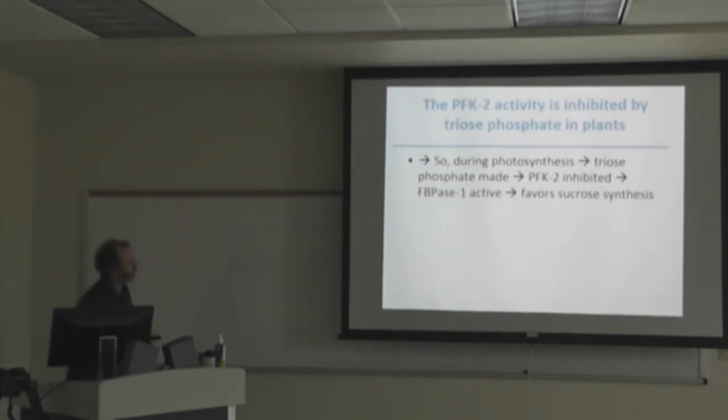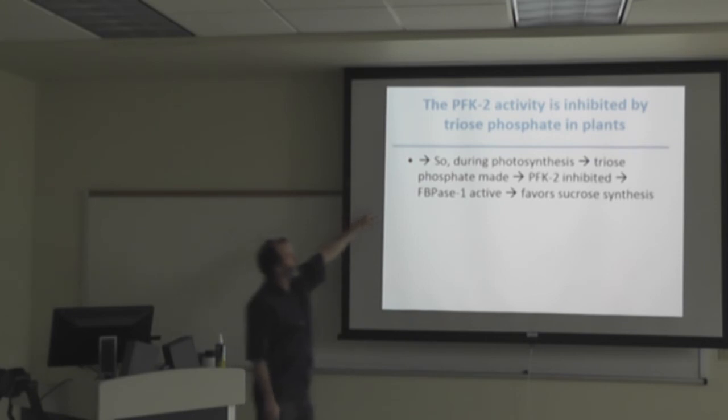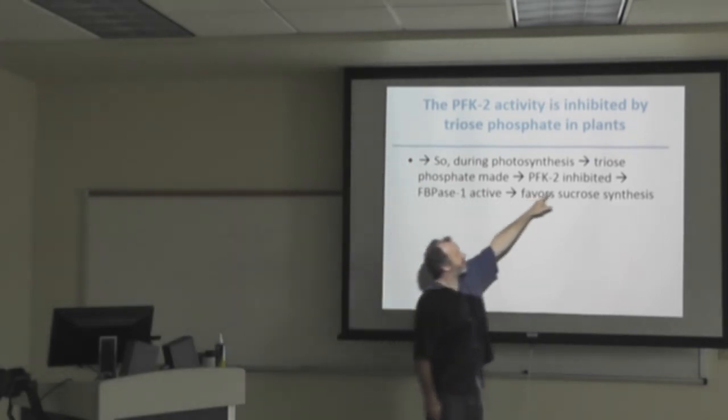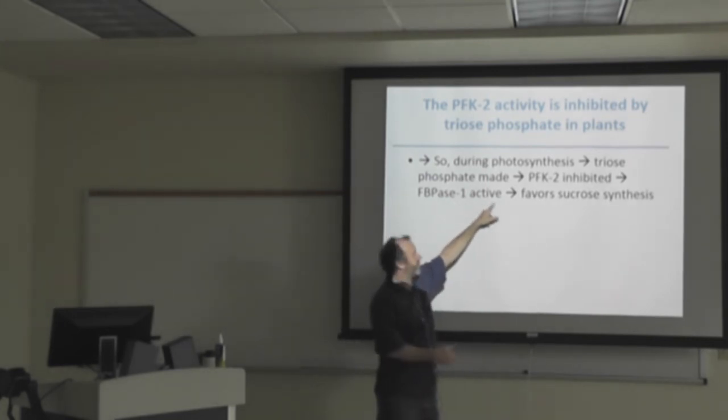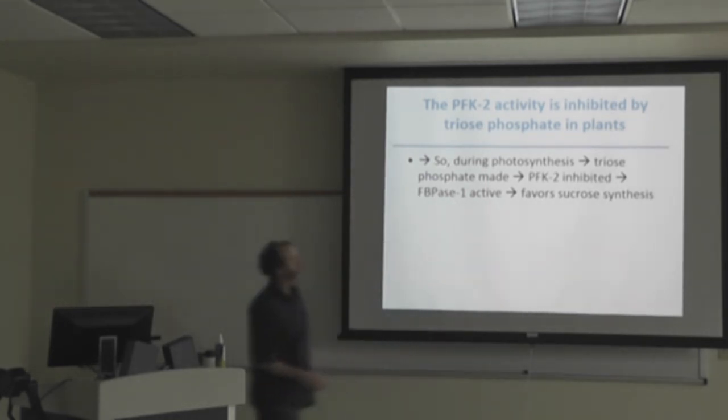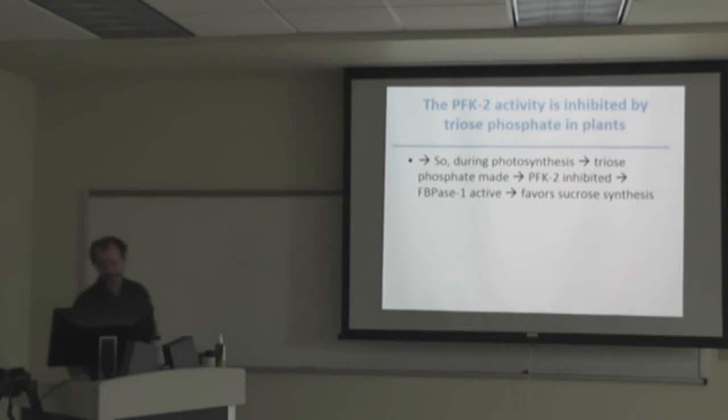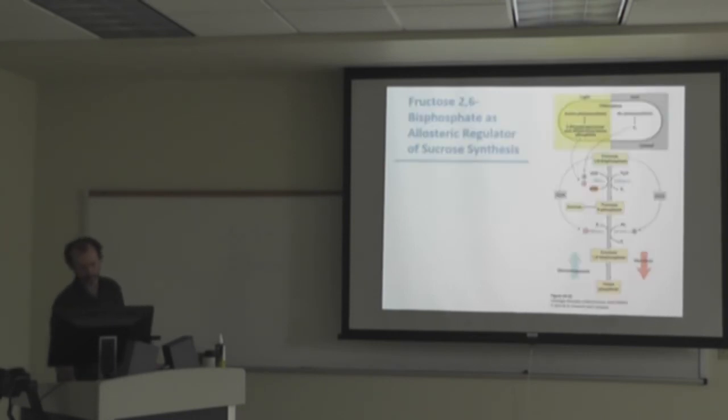So during photosynthesis, triose phosphates are made, phosphofructokinase 2 is inhibited, fructose bisphosphatase is active, and that favors sucrose synthesis. So fructose 2,6-bisphosphate is an allosteric regulator of the sucrose system.